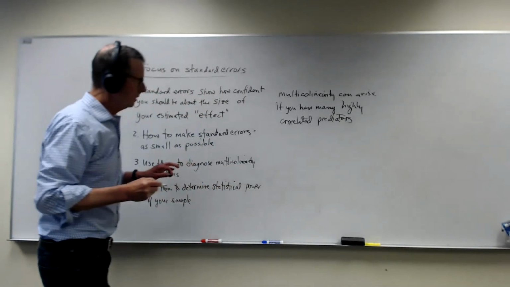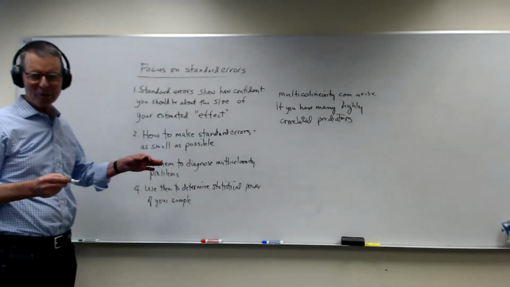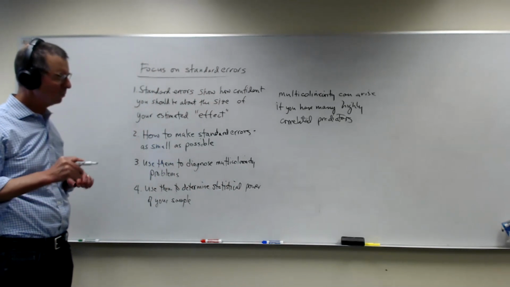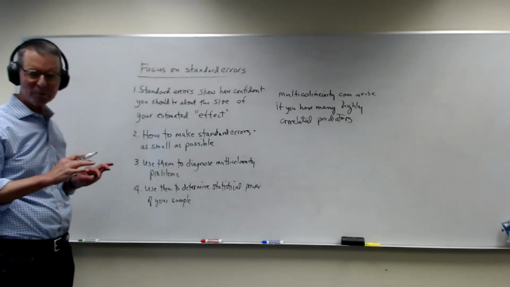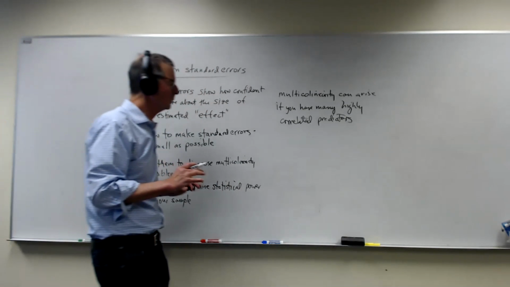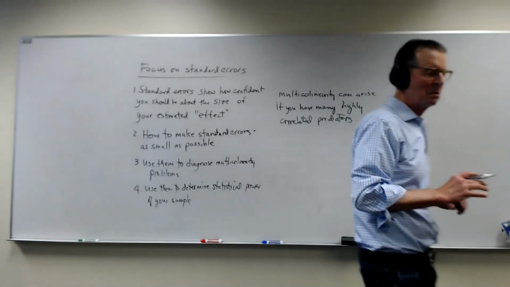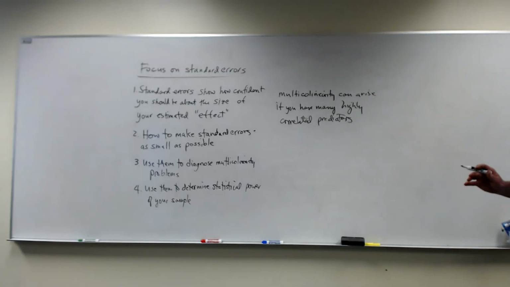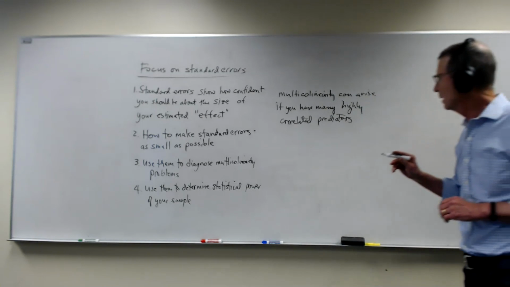And remember, we said more predictors is usually good because it reduces omitted variable bias. The variables aren't omitted, they're included. But you don't want to have so many that are so highly correlated that standard errors start to blow up.